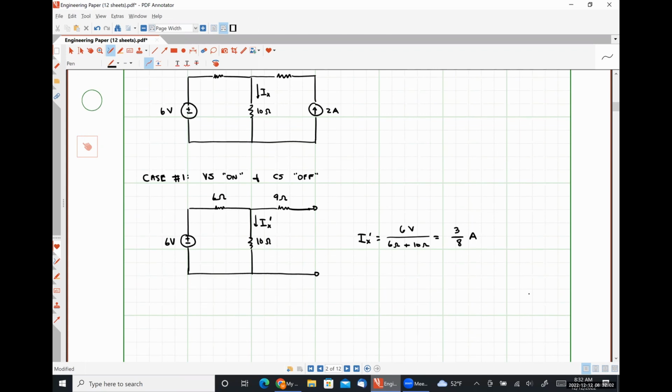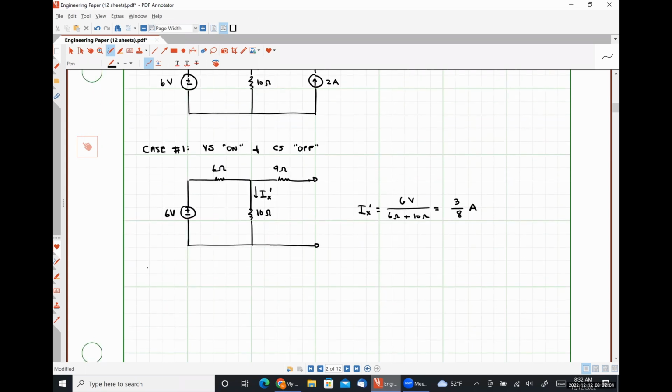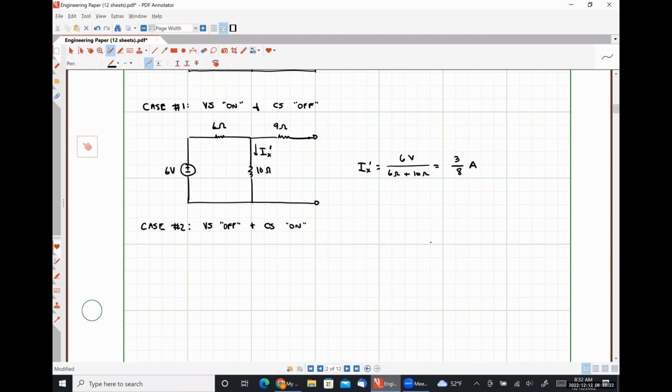So now let's look at case number 2. Our voltage source will be off and our current source will be on. So to turn off a voltage source, what do we do?